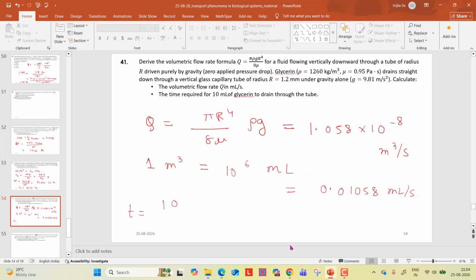So 10 ml by this 0.01058 equals, it will be coming as 945.18 seconds.